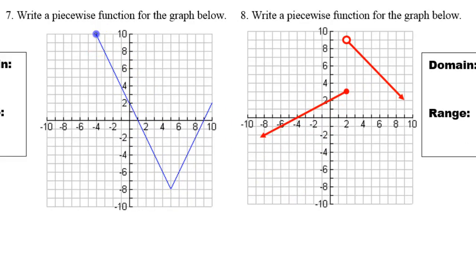So I'm going to color code this to make it easier for you to follow what I'm doing. So let's look at this side of the function as blue, and we'll look at this side as red.